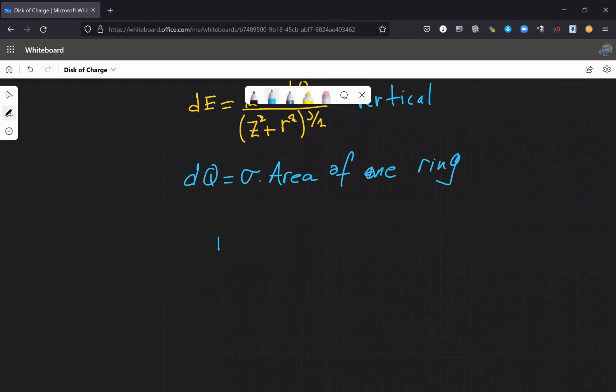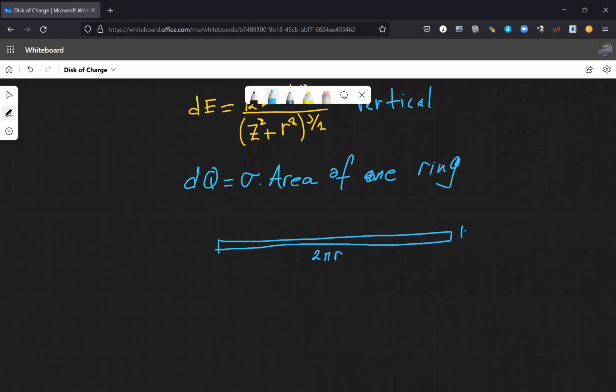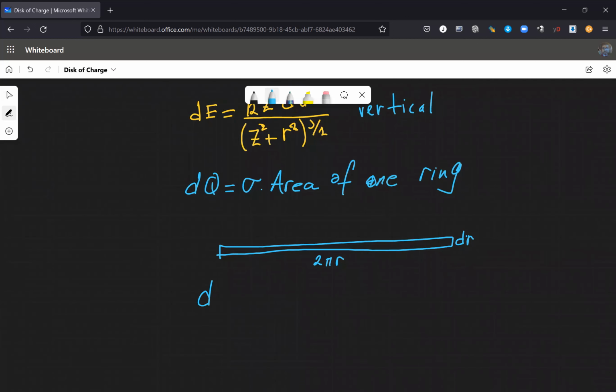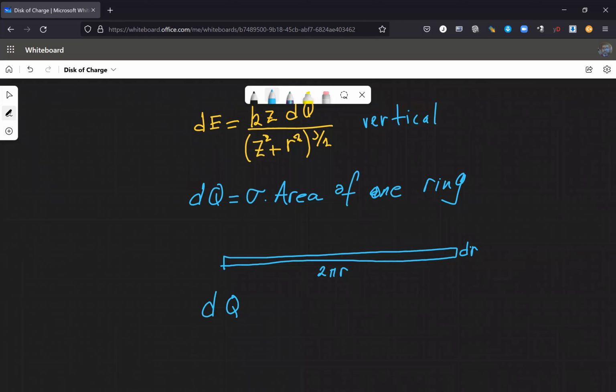This is what I'll have: a 2 pi r for the circumference, and a little dr for the thickness. It's just a rectangle, with 2 pi r the length and dr the width. So dq equals sigma times 2 pi r dr.